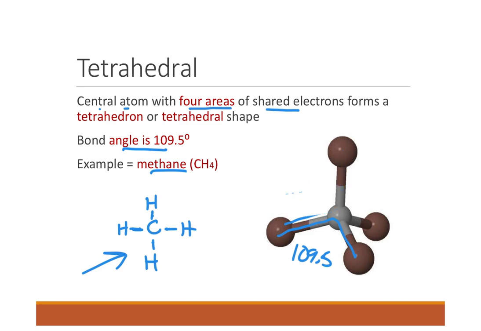But if I erase things, you can picture what this would really look like if it was sitting there on your table as a 3-dimensional shape. We've got carbon in the middle and then hydrogen out in these 4 directions. And that's your tetrahedral shape, or tetrahedron, the shape that you get with a central atom and then 4 bonds coming out from that atom, or 4 areas of shared electrons.